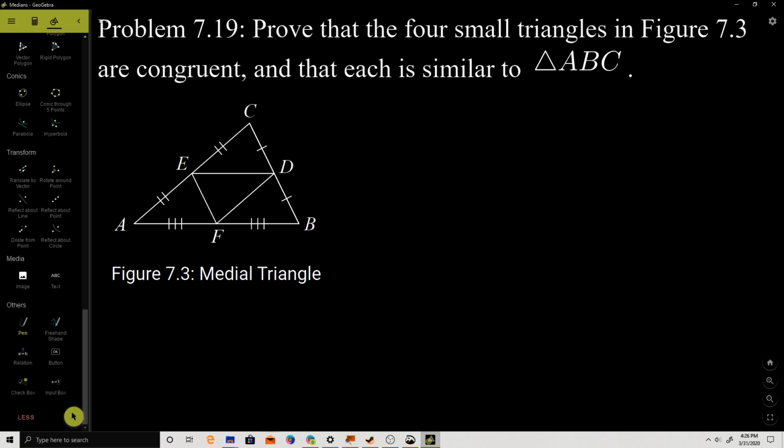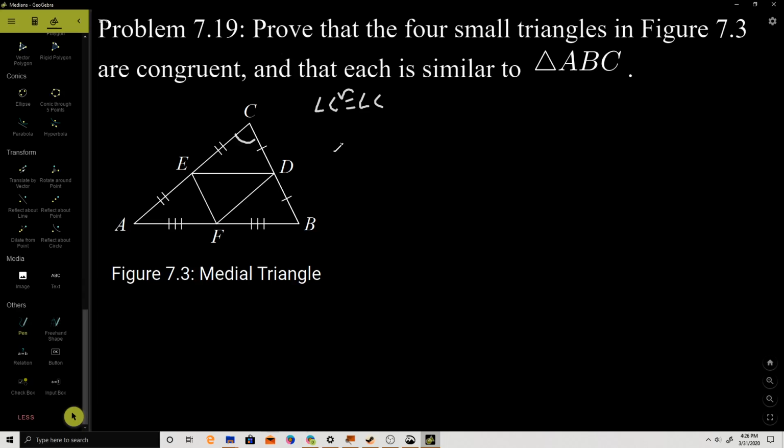Well, I think it would be very easy to prove similarity right off the bat. For example, let's look at triangle CED and then compare that to triangle CAB. So, I notice that they both share this angle of C. So, I'm just going to say that angle C is congruent to angle C. What else?